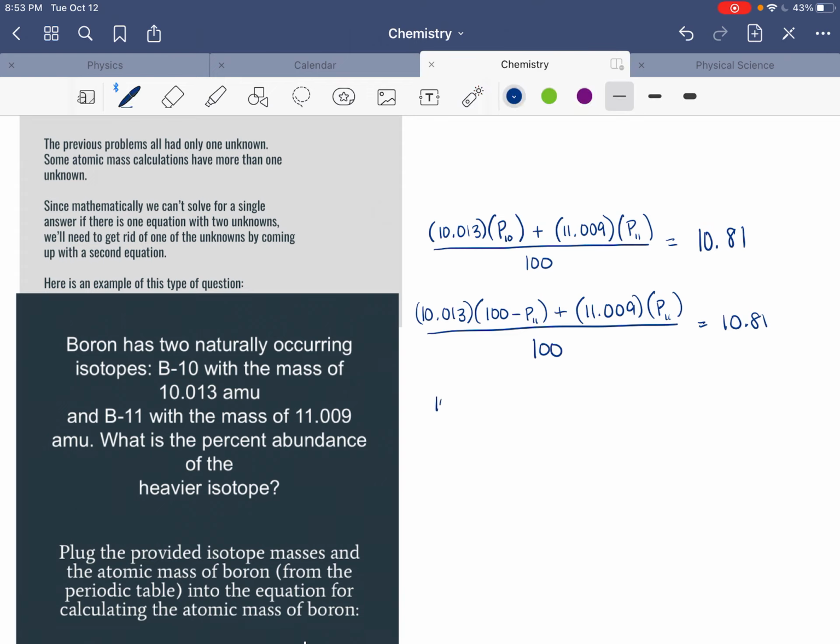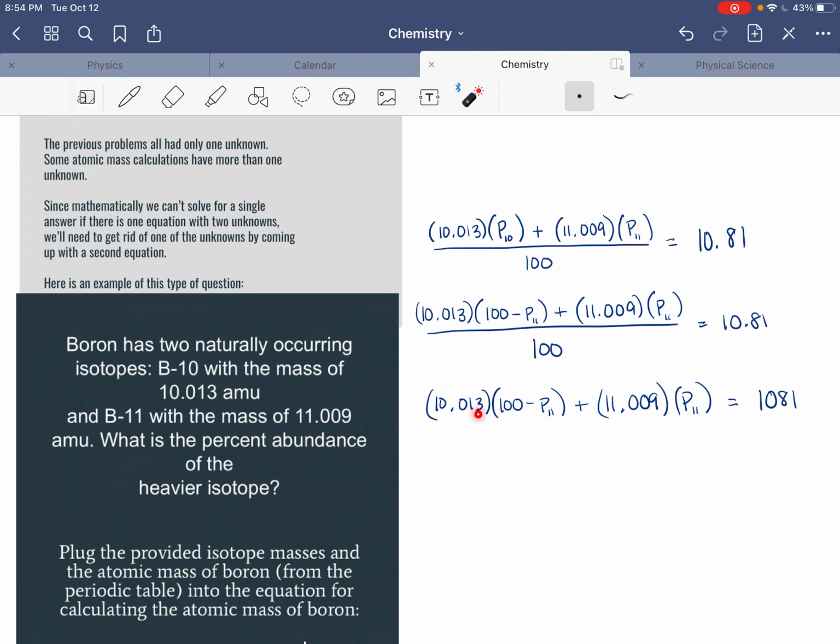Okay, so I'll have 10.013 times 100 minus P11 plus 11.009 times P11 is equal to 1081. Okay, so my next step is that I need to distribute this into this equation.